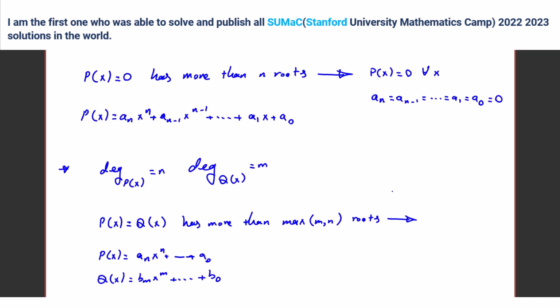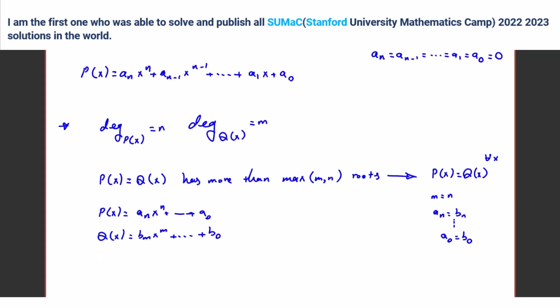They are equal polynomials. Their degrees are equal and all corresponding coefficients are equal. Okay? It means p(x) is equal to q(x) for all x, and all coefficients, m is equal to n, and a_n is equal to b_n, down to a_0 is equal to b_0. Okay?